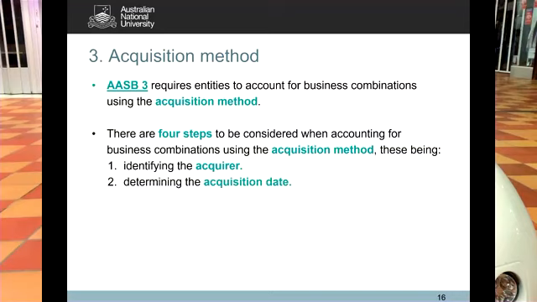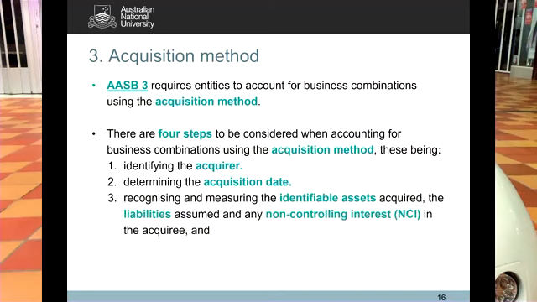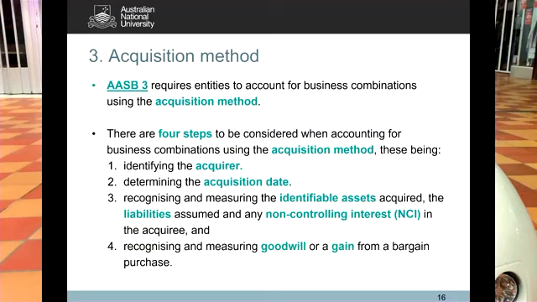Then we need to determine the acquisition date. Then we need to recognize and measure the assets and liabilities. If there is any non-controlling interest, we need to consider that as well. And then we need to recognize and measure the goodwill or gain. You probably haven't understood this part. No worries, we'll do that soon.